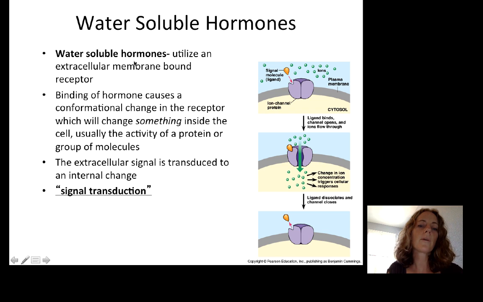So water-soluble hormones are extracellular membrane-bound receptor pathways. They're going to be only signaling through extracellular receptors. The binding of the chemical, the hormone, or the ligand will cause a change in the receptor, and these receptors are proteins. Remember that the folding of proteins is very specific. We talked about primary, secondary, tertiary, quaternary folding of proteins.